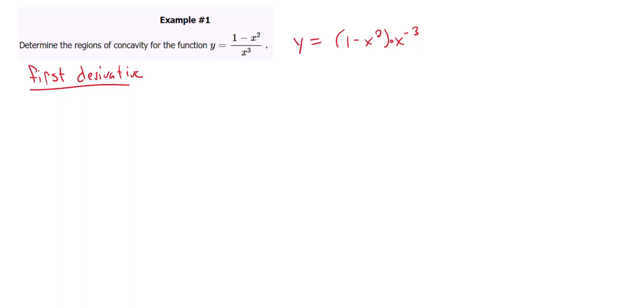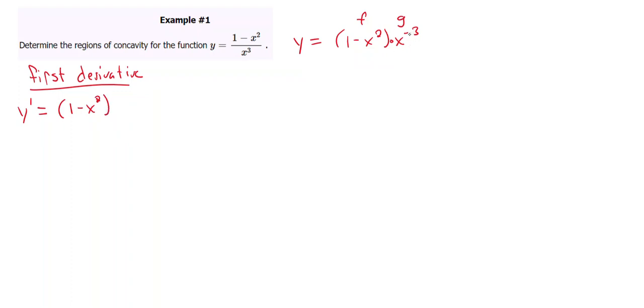Using our product rule, if we call this f and this one g, then y prime, the first derivative, would be f times g prime plus g times f prime. So f is just 1 minus x squared, times the derivative of g.